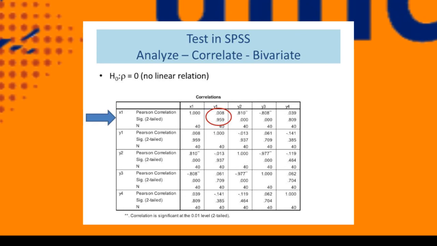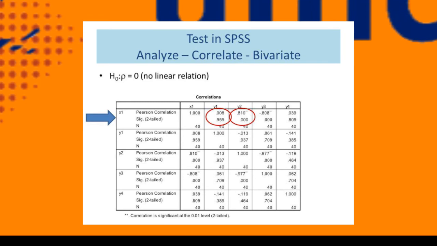The estimated correlation between x1 and y1 was close to 0, and the p-value is given as 0.959, clearly larger than alpha of 0.05, so we will not reject the null hypothesis. There is no significant linear relationship between x1 and y1.